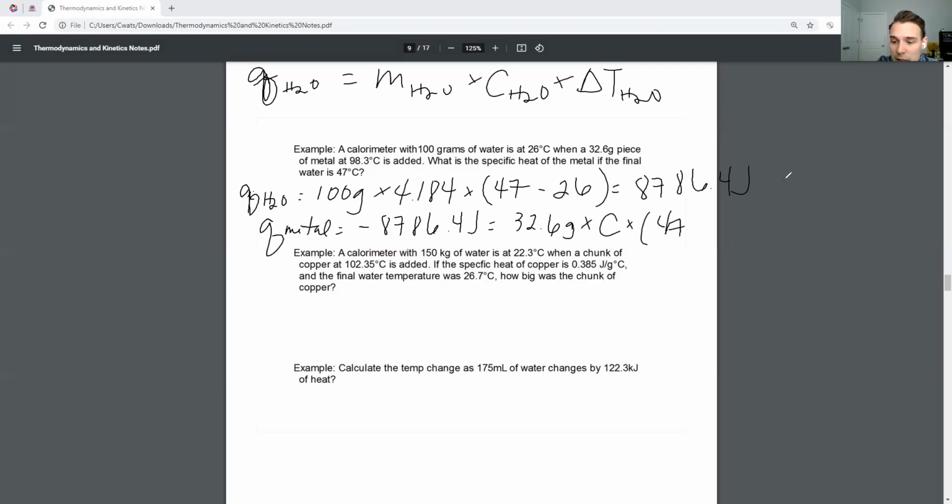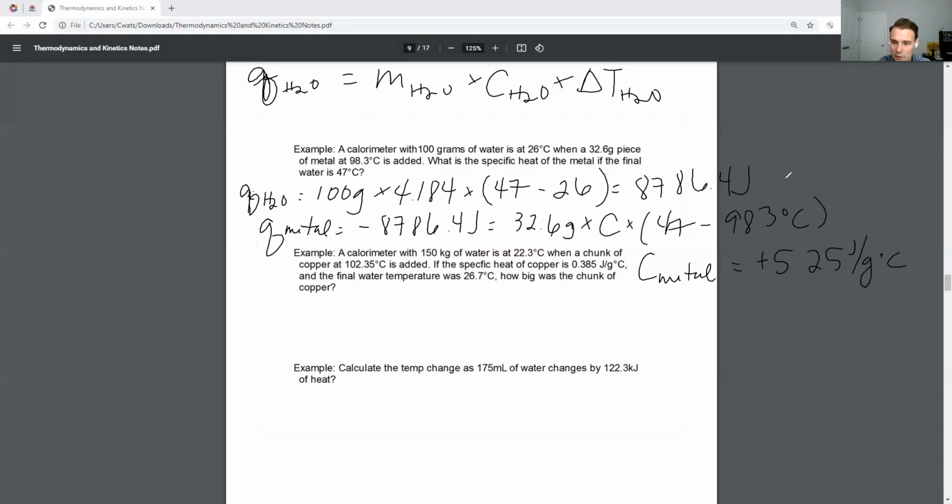So that's going to be 47 minus 98.3 degrees Celsius. So you do that math, and the C of this metal will end up being positive 5.25 joules per gram degree Celsius.